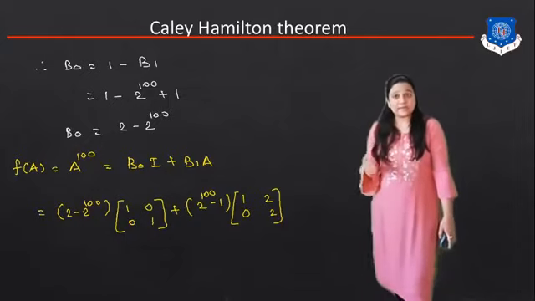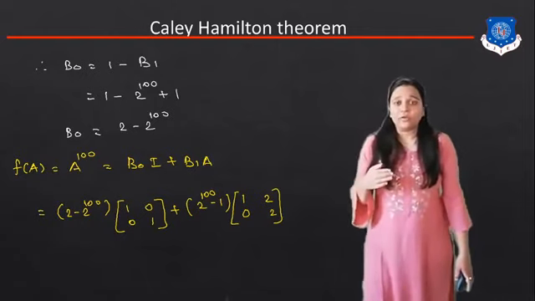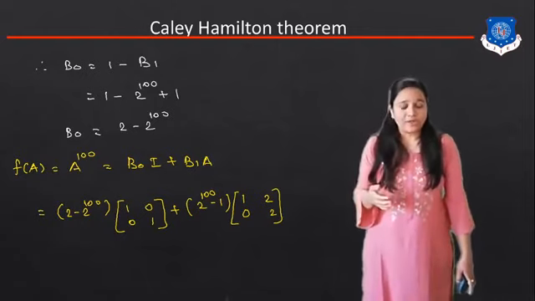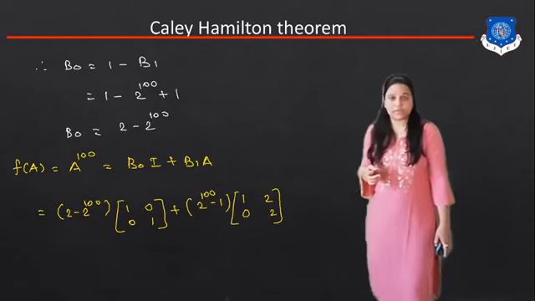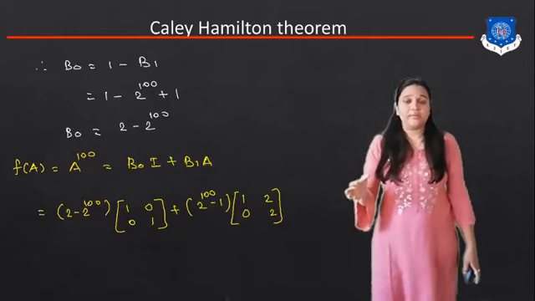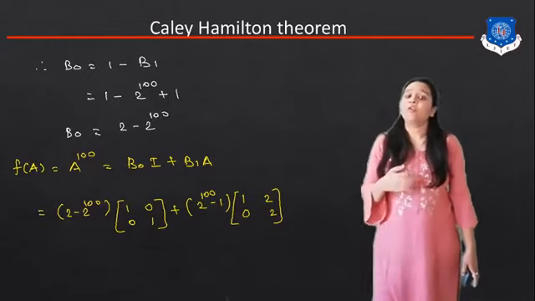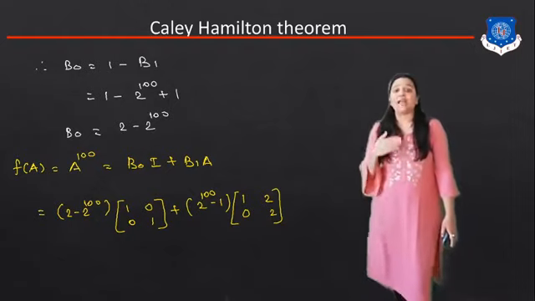Now in the next session, we will study how to find the value of phi of k using the Z transformation method. In this, they will give the value of the G matrix, H matrix, and the C matrix, and then we have to find the value of x of k and y of k.